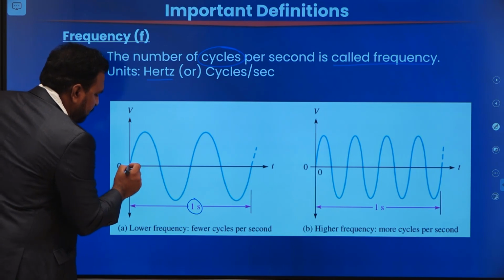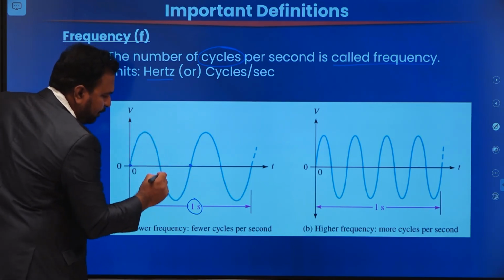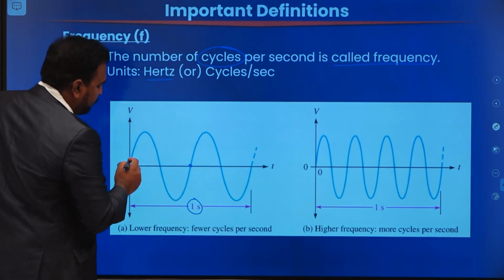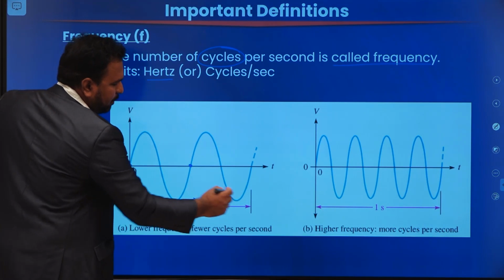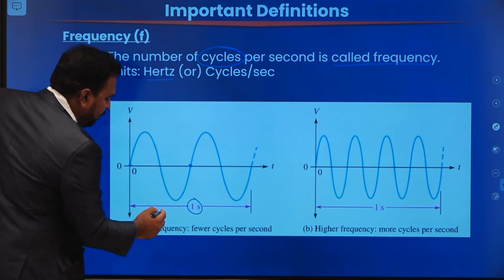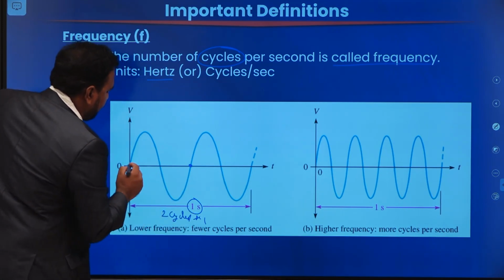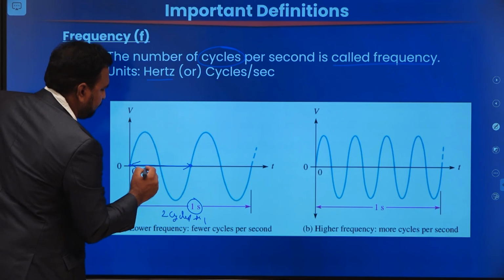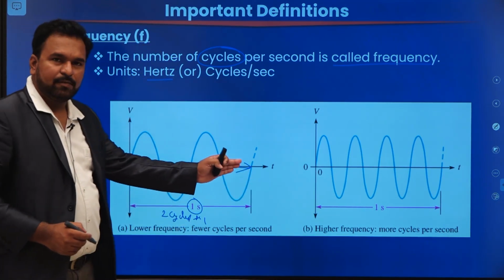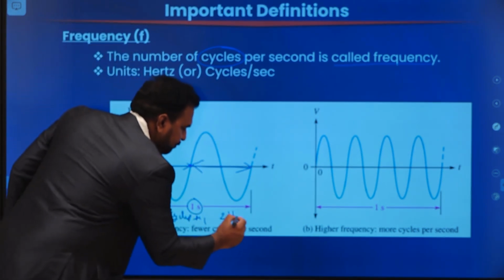A cycle, starting from 0, contains one positive half cycle and one negative half cycle. For 1 second, how many positive half cycles are there? 2 positive half cycles as well as 2 negative half cycles. That's why the frequency here is 2 cycles per second, because this is one cycle and this is the second cycle. There are 2 cycles here, so the frequency is 2 cycles per second or 2 Hz.